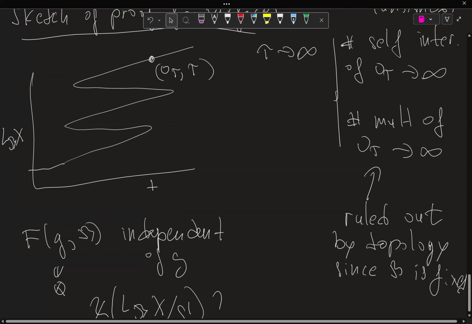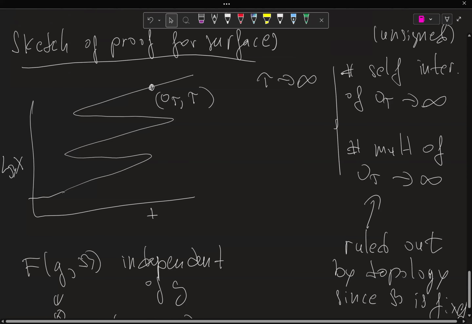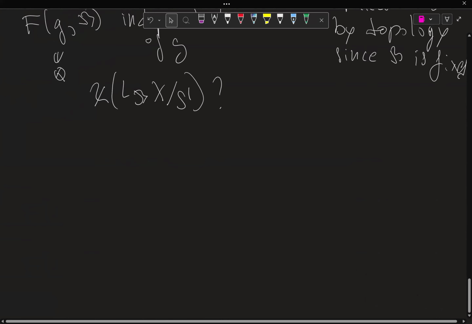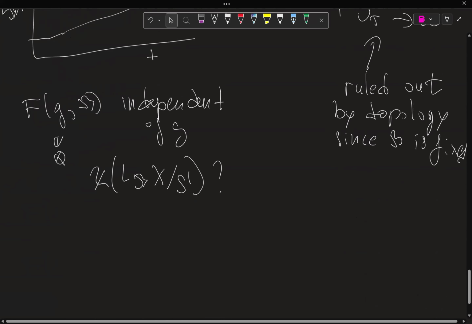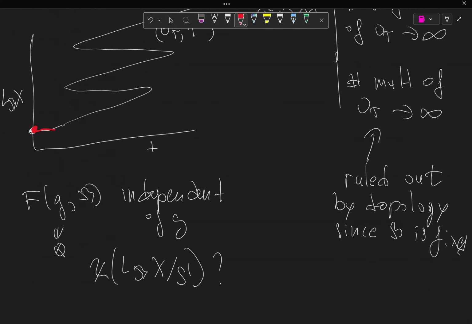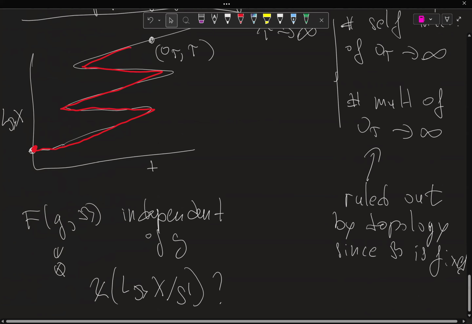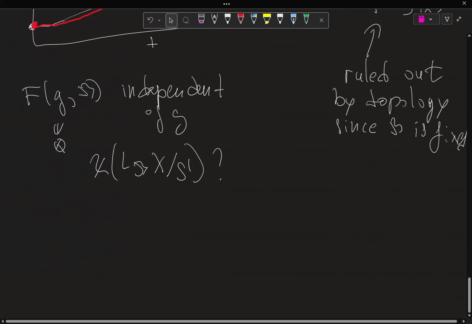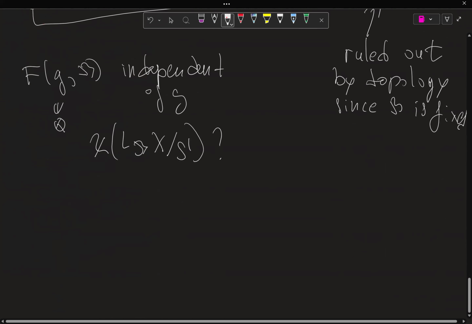Right. So I was saying that the only possibility is that the number of self-intersections goes to infinity. But you see, we have a homotopy here. Here you have something with finitely many self-intersections, and then it goes like this. And the point is this is a very regular homotopy because you're going through geodesics, or things which are representable by geodesics.